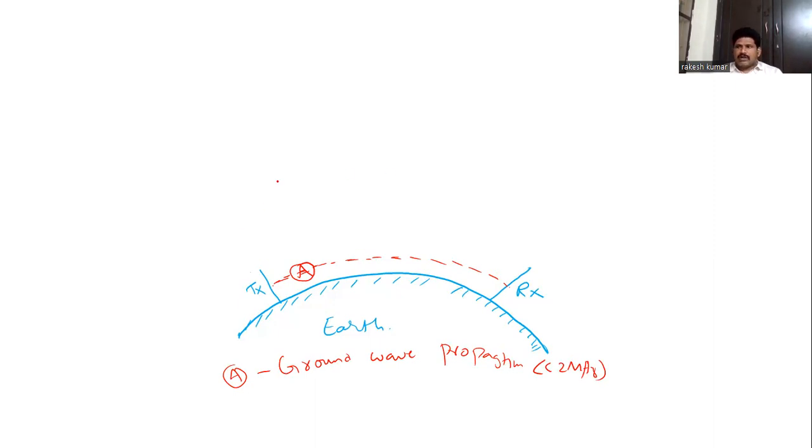Okay, so there are different layers in the atmosphere. Consider for example, this is the troposphere layer, and this is the ionosphere layer.